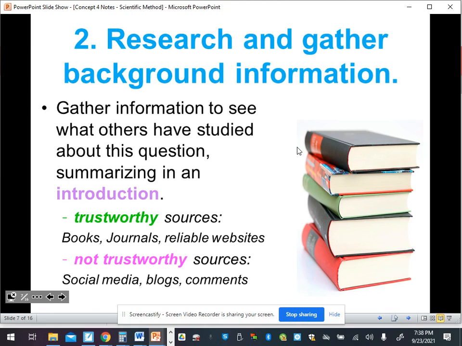So they really try to cater to things that interest you, and those aren't necessarily always trustworthy sources. So yeah, everybody's got to be leery of that. Blogs or comments made under websites should not be trustworthy sources either. But again, we're not going to get into a research project right now, but those are just good things to know.